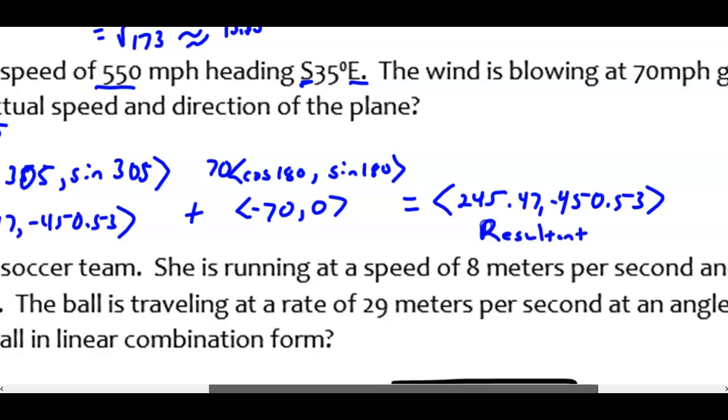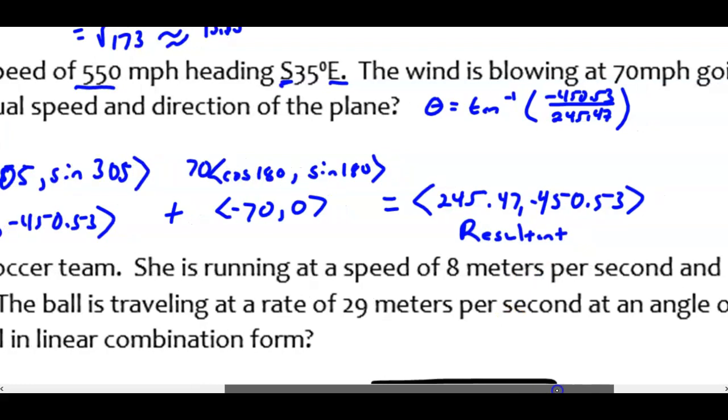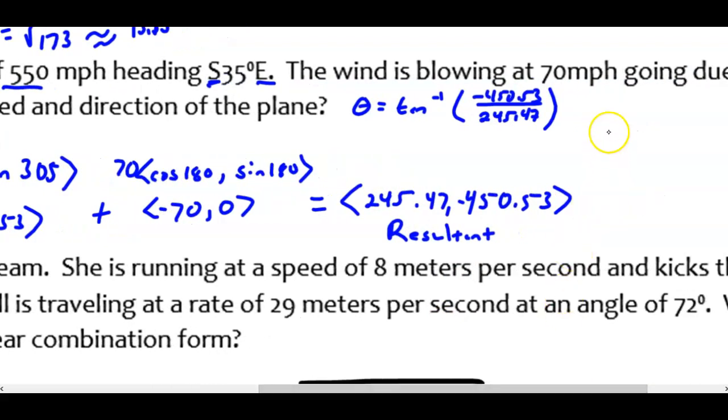First we find our angle by doing tangent inverse of y over x. In doing so, we end up with 298.6 degrees.